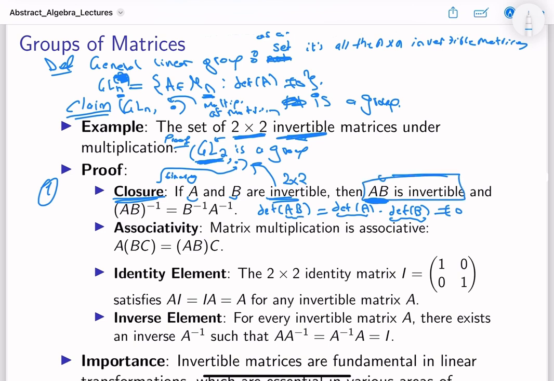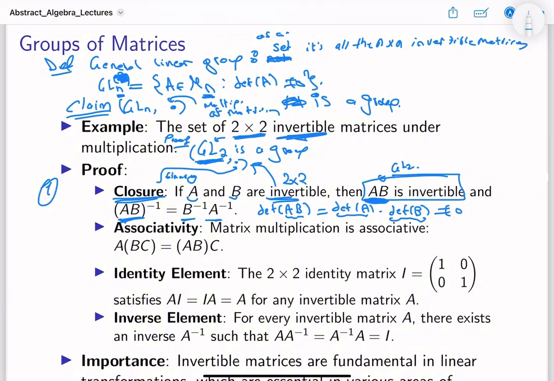It just means that AB is in GL2. And as a reminder from linear algebra, the inverse of AB is actually B inverse times A inverse. So it's the product of the inverses, but in the reversed order.